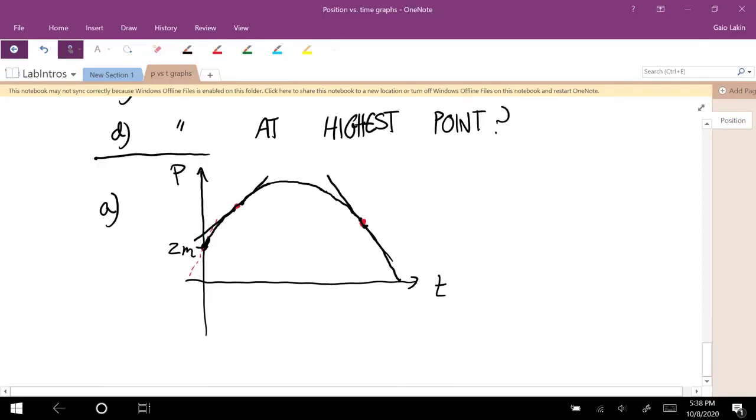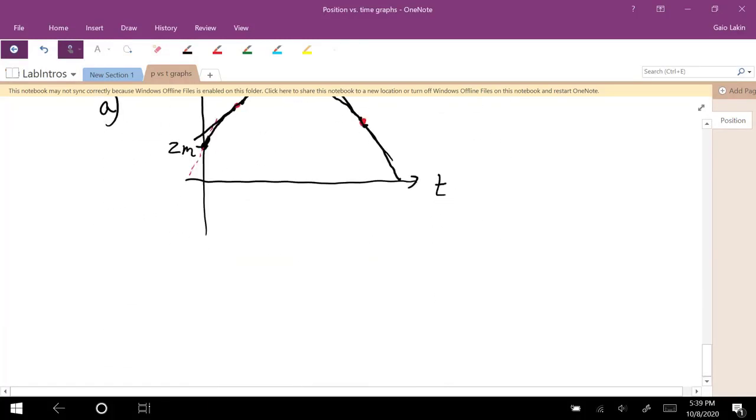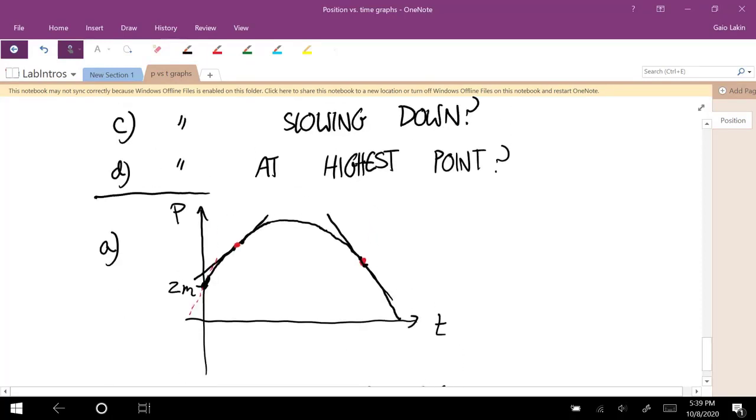Okay, so now that's the position versus time graph. How can we identify where it's speeding up? Well, the thing to remember about where the object is speeding up is velocity and acceleration have to have the same sign. So let's think about the signs of the velocity and acceleration at different points on this graph.